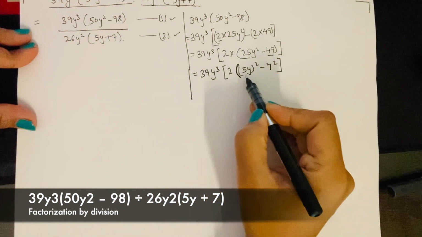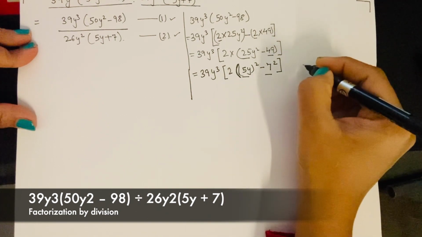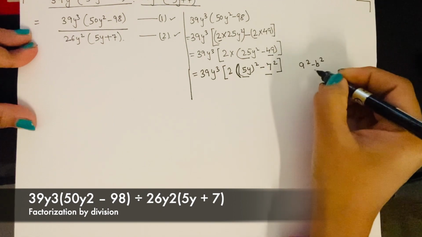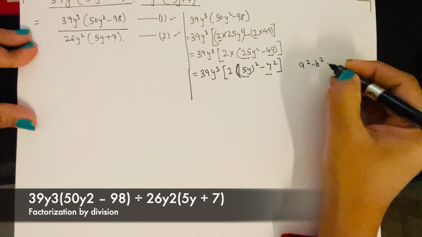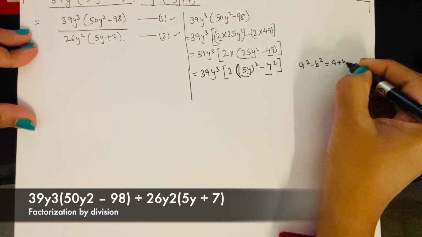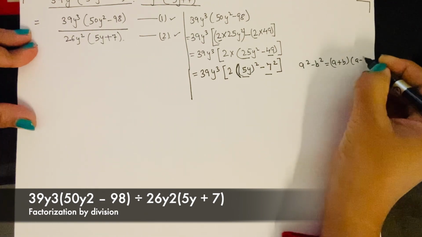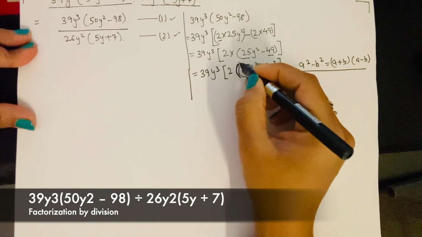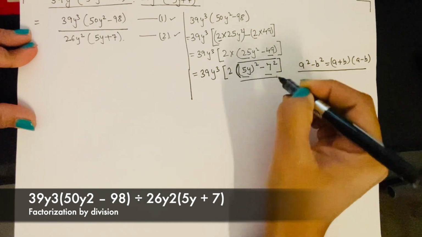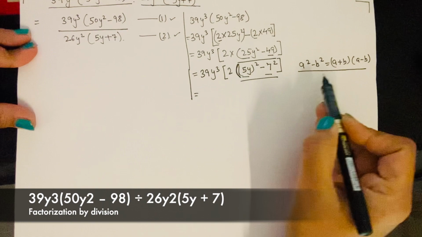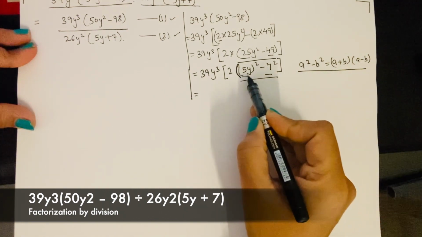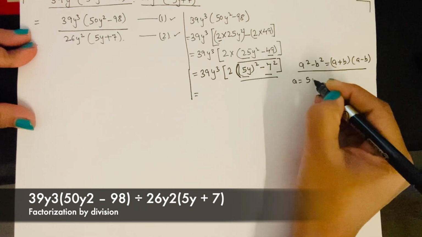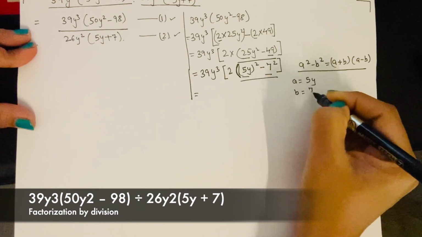Now we have these two in the form of a square minus b square, right? These can be solved with the help of the identity a plus b and a minus b. So what is a here? a is equal to 5y and b is equal to 7.